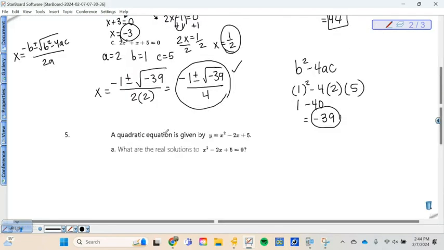All right. Okay, I've got this equation here, y equals x squared minus 2x plus 5. And they want me to find the solutions to 0, right? They're plugging in 0 for y, I'm sorry. So what can I do to solve this?